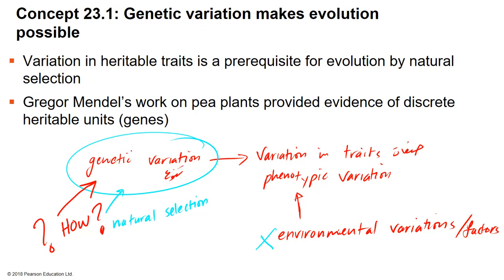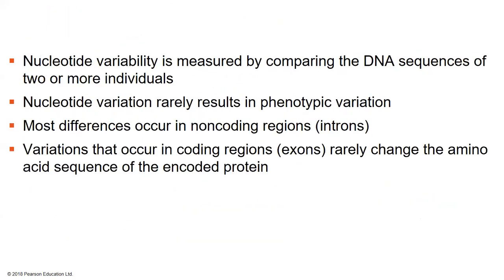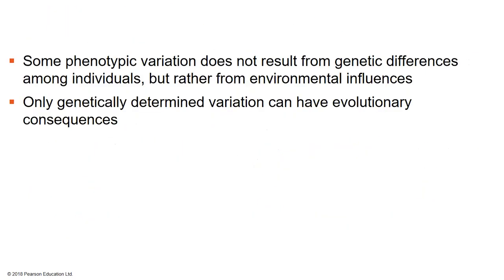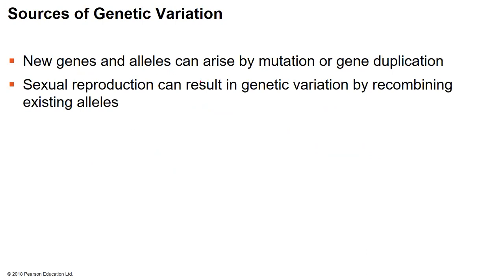So the origin of genetic variation is basically mutations or gene duplication. New genes or new alleles that lead to genetic variation are generated by mutations or gene duplication. Okay.